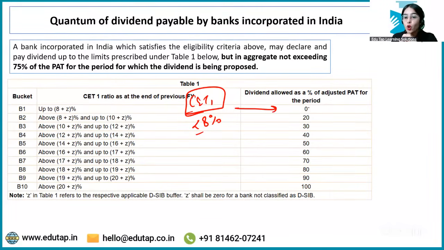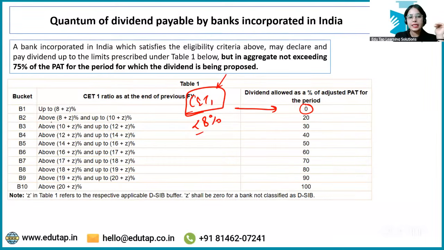No, the bank should not be allowed to pay the dividend because the bank does not have enough capital to handle the distress. So how can we allow dividend when the bank does not have the liquid capital, the liquid money with itself? So 0%. This is the logic behind the dividend payout.